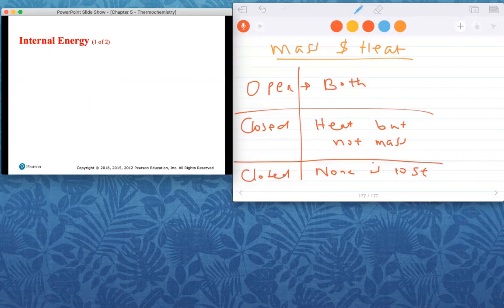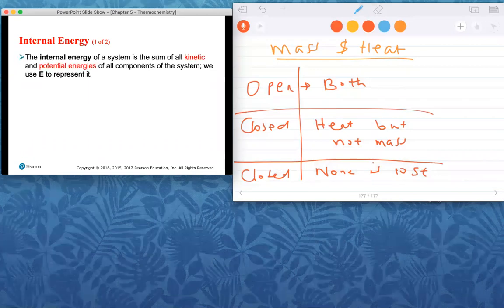Now, let's look at what is internal energy. With respect to the system, when we say internal energy of the system, you see this term coming over and over, with the expectation that you know the system, the surroundings, and the universe.